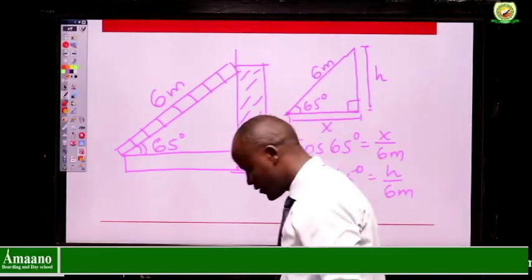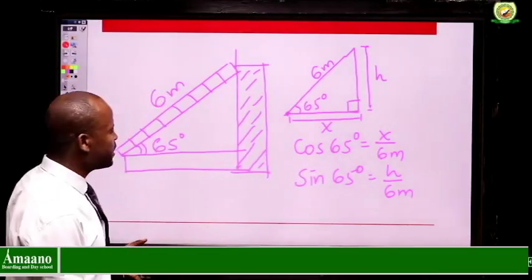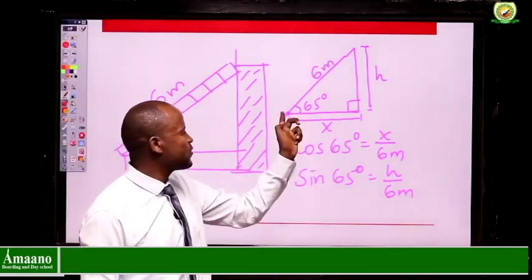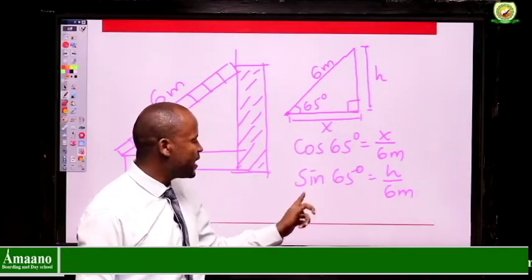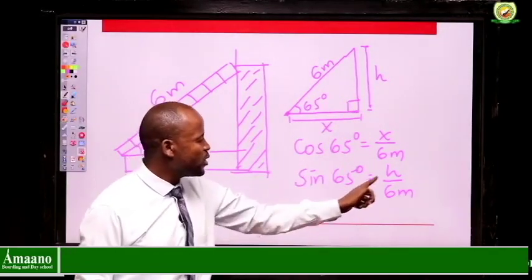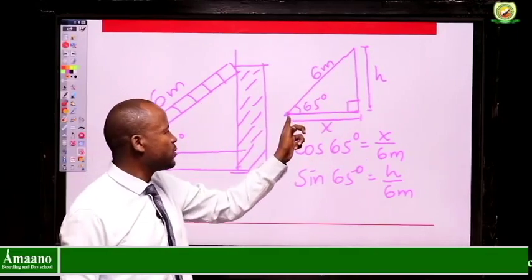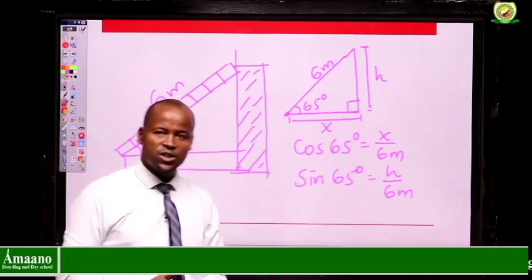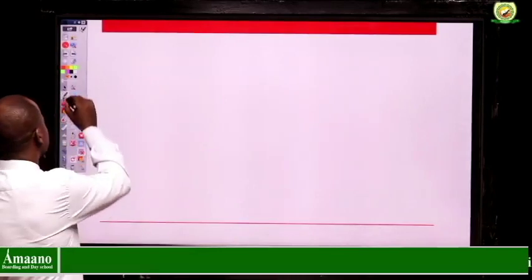Using example 1 and example 2, easily you can find the value of x, the distance from the foot of the ladder to the wall, and in question B the height of the ladder from the ground to the top of the wall.